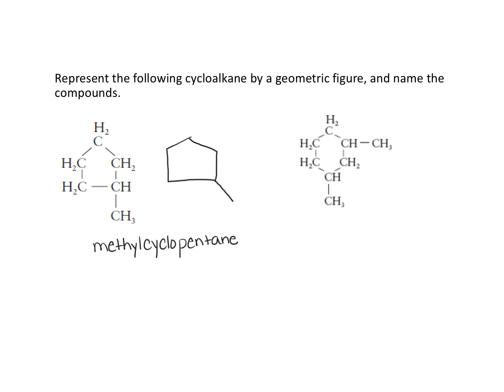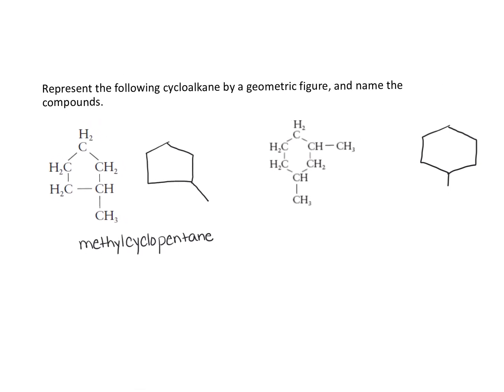Now, we come over here and look at this structure, and there's 1, 2, 3, 4, 5, 6 carbons there, and so that's going to form a 6-membered ring. It looks like that. Then we are going to put a CH3 here, and I drew that CH3 in, but let me back that up and just draw the line.